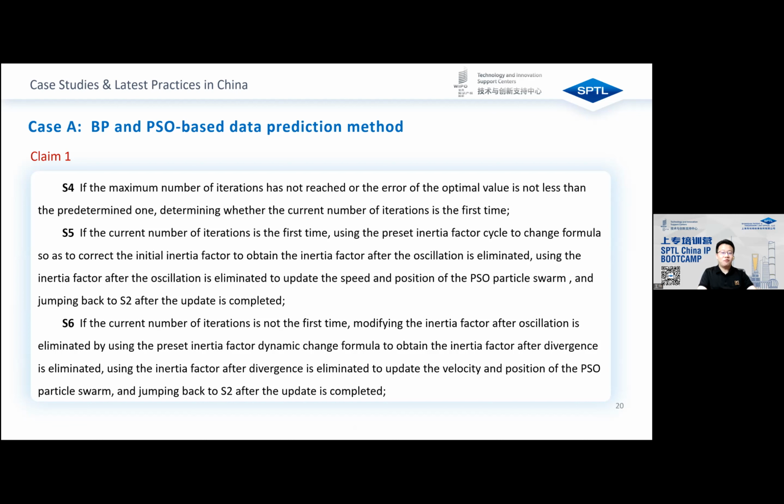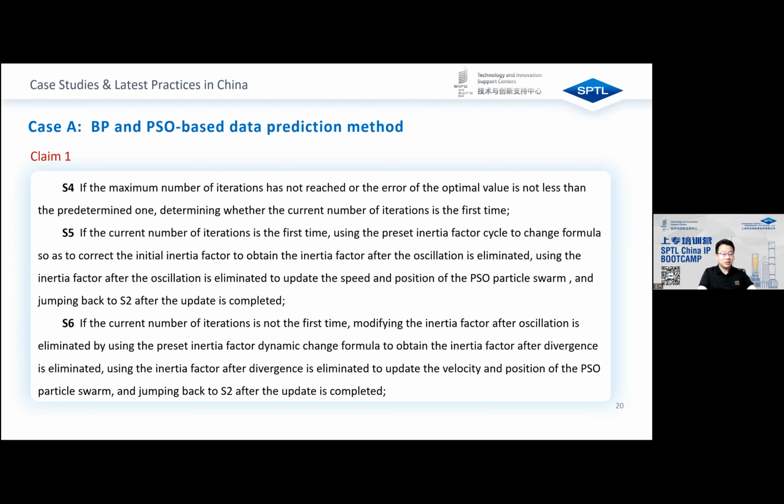Please allow me to read what is said in step 5 so that you can feel how abstract it is. It says that if the current number of iterations is at the first time, using the preset inertial factor cycle change formula so as to correct the inertial factor to obtain the inertial factor after oscillation is eliminated.